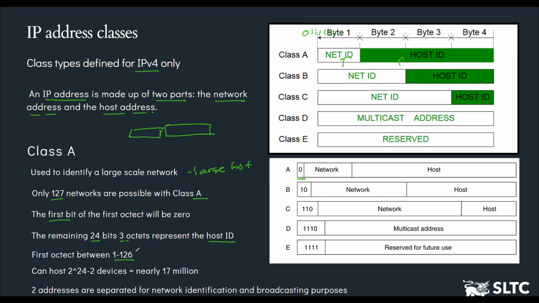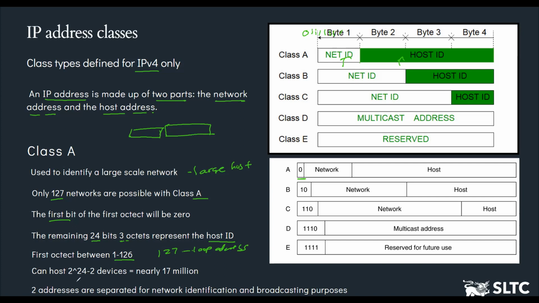The reason we are considering up to 126 here is because 127 is allocated as a loopback address. So we are not taking the number up to 127, only up until 126. So the first octet should be from 1 to 126. Then we can identify it is a class A address.